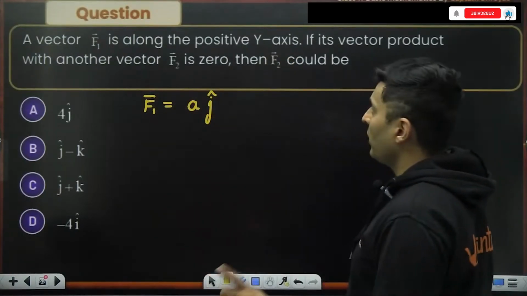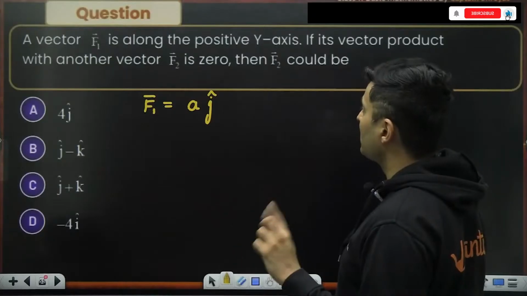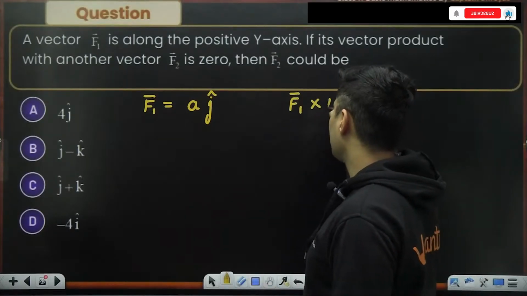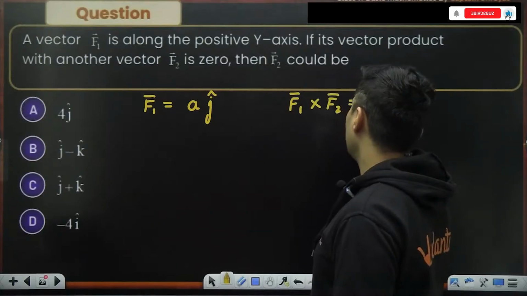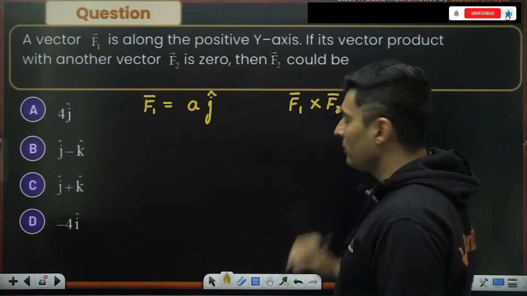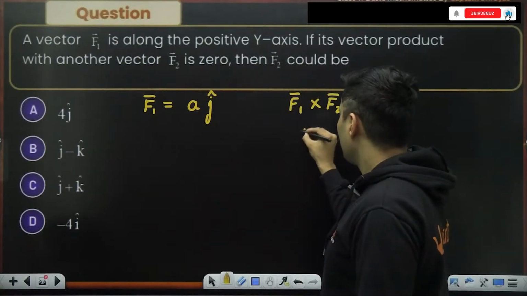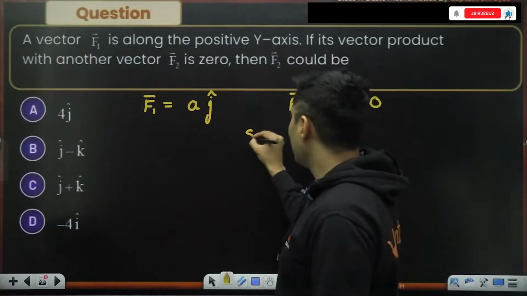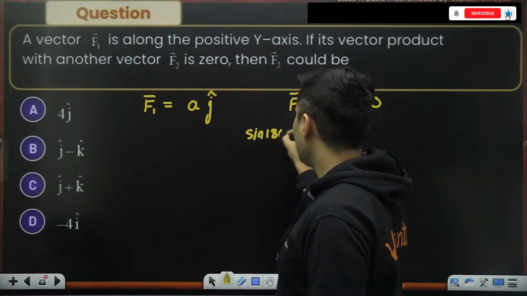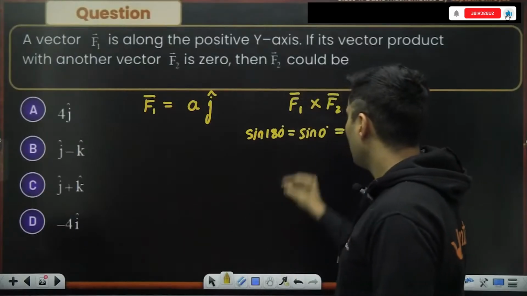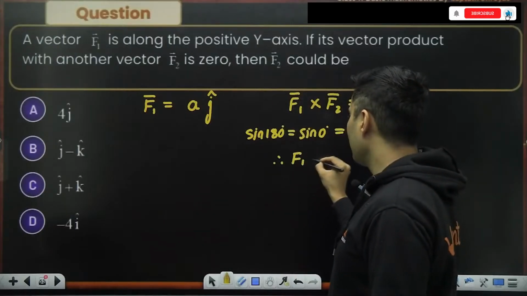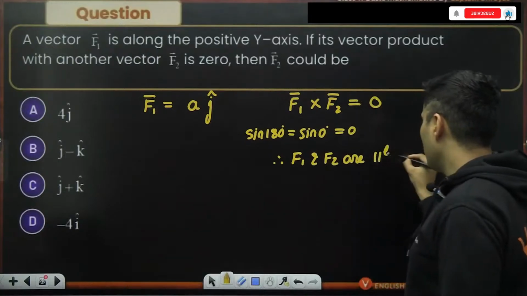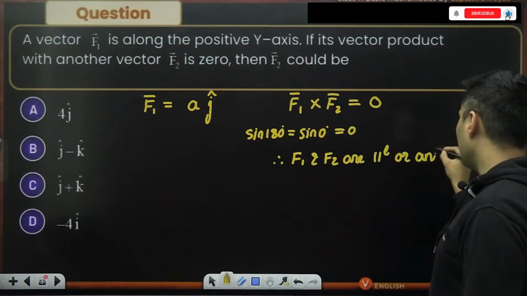If its vector product with another vector is 0, so if F1 cross F2 is 0, it could mean one of these things. Either sine 0 is 0, or even sine of 180 is also 0. Therefore, F1 and F2 are parallel or anti-parallel.